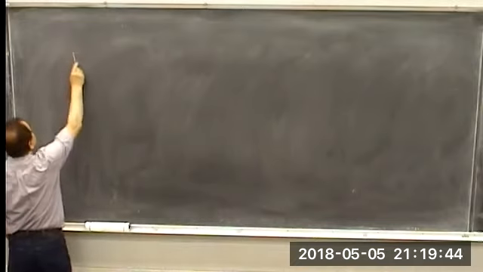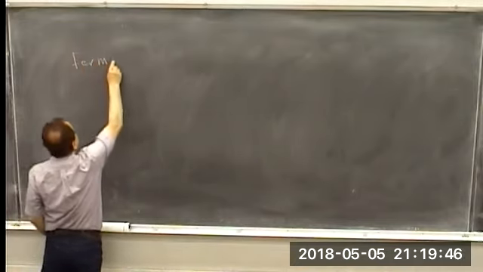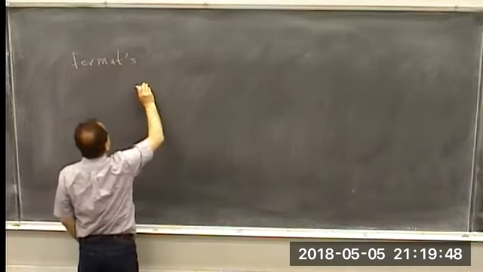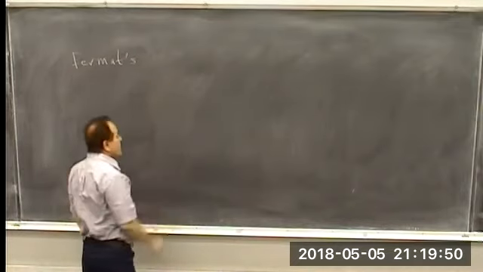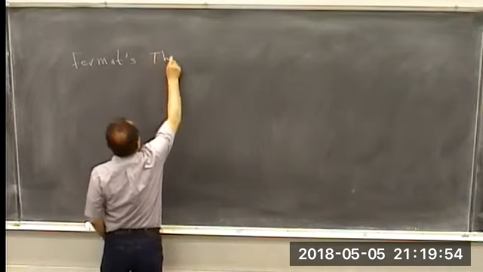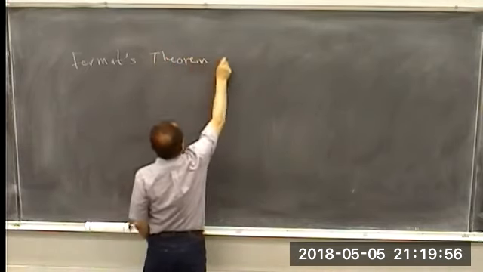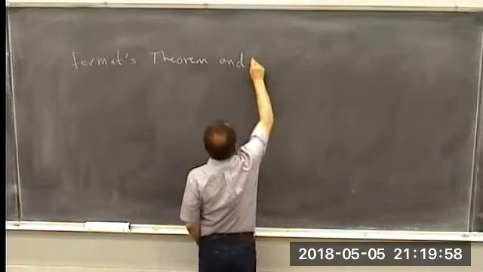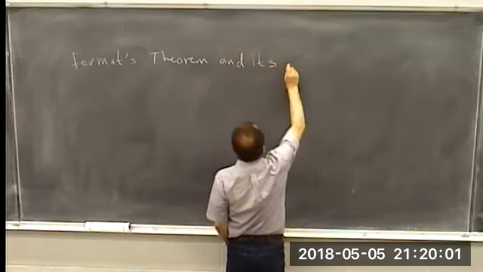Now I want to get started with chapter 5. The title of chapter 5 is Fermat's theorem, sometimes called Fermat's little theorem or just Fermat's theorem, and its converse.